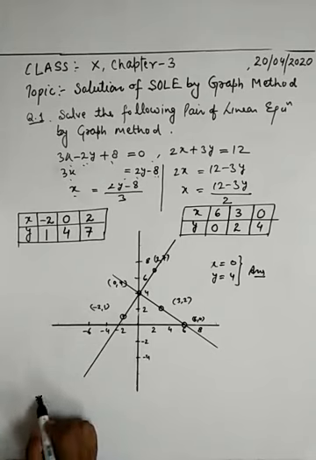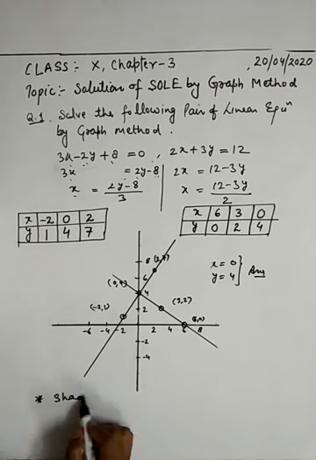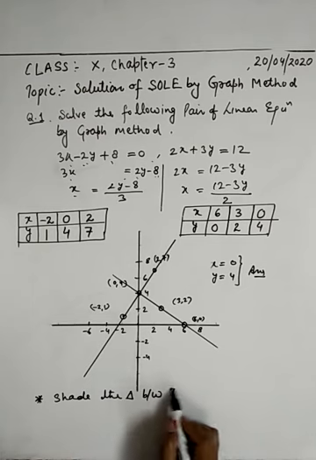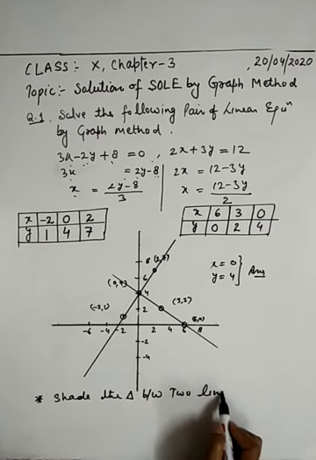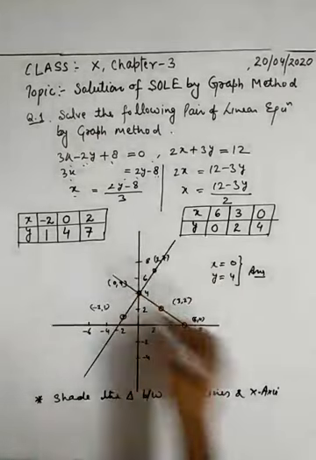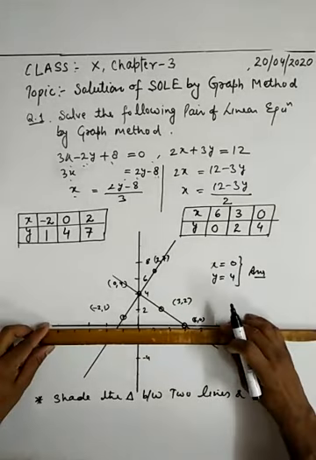Now, besides the solution, can you shade the triangle? Shade the triangle between the two lines and the x-axis. One line, the other line, and here is the x-axis. This is the x-axis.